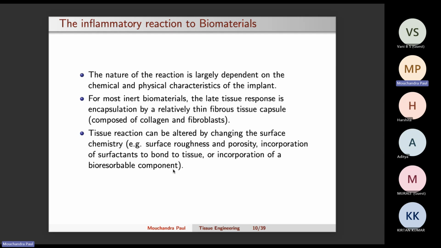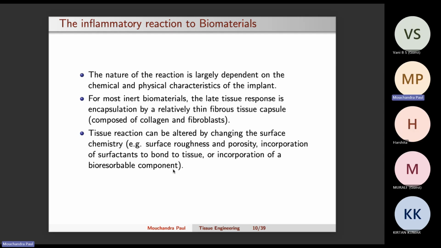There the proteins don't get adsorbed on it. So if you coat, say, a nanoparticle with PEG, then they will not allow adsorption of the plasma protein.